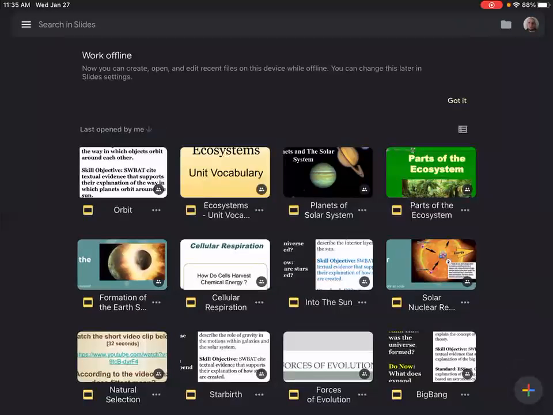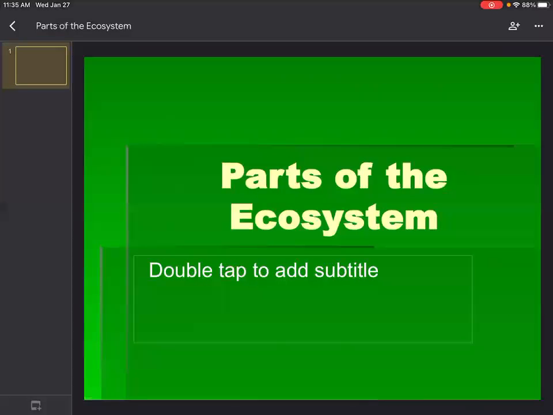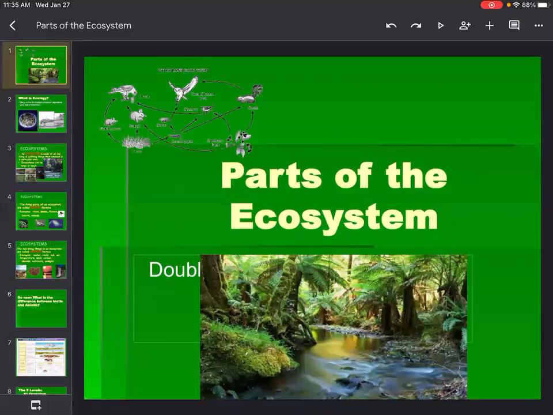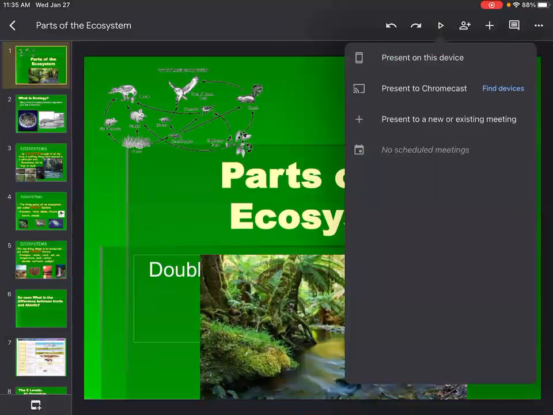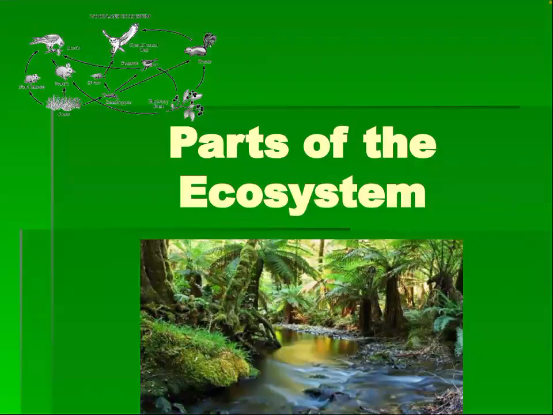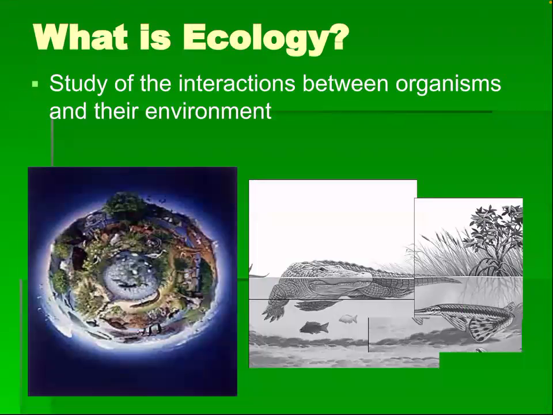For an example, I thought I'd go through one of these lessons that I've shown to students, a little way to make them more interactive, at least to an extent of having students respond. So we go through this slideshow with this idea of what is ecology.